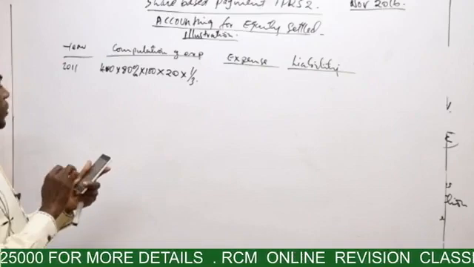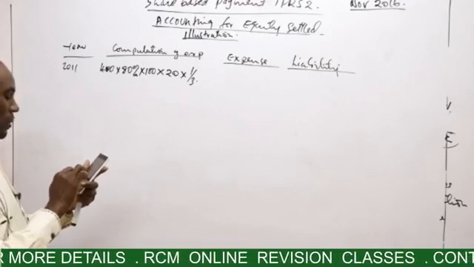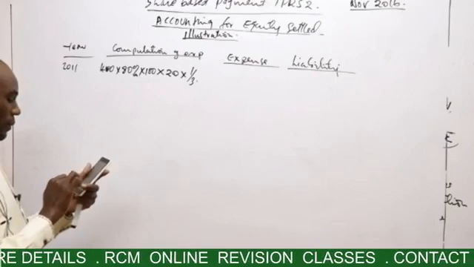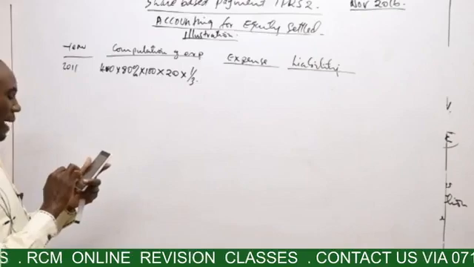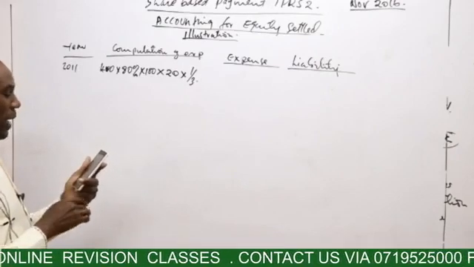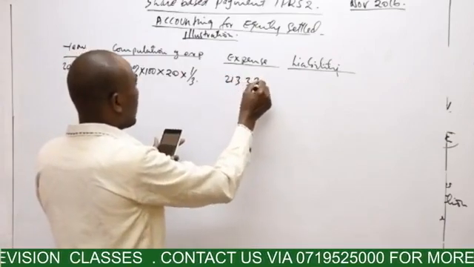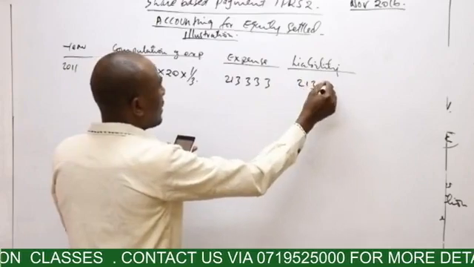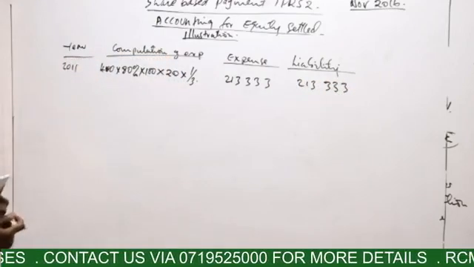We get 320 times 100 options times 20. Then we multiply by a third, whereby we get 213,333. That is our expense and liability for the first year.